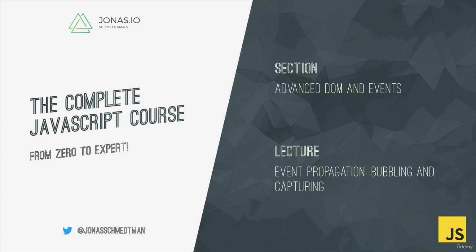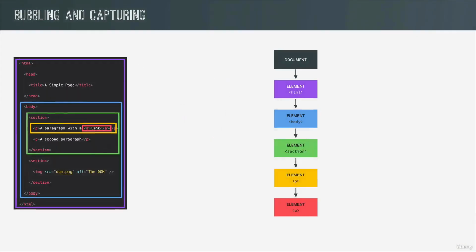JavaScript events have a very important property. They have a so-called capturing phase and a bubbling phase. So what does that mean? Well, let's find out. So here we have a very simple HTML document along with a DOM tree, but only for the anchor element that's represented in red here.